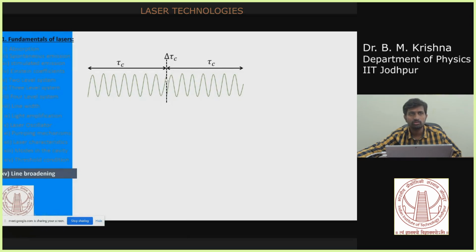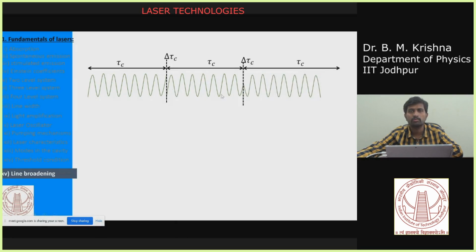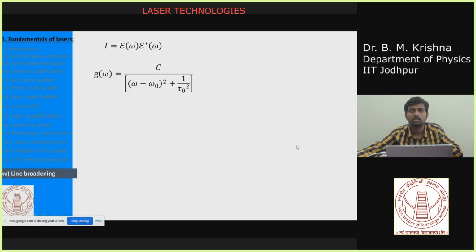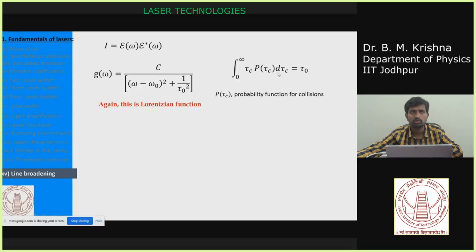During this window of time you have a different frequency coming from the atom. Then until the next collision the same frequency is maintained, so the phase is the same. From there we estimated the line width of this broadening mechanism, the collision broadening.